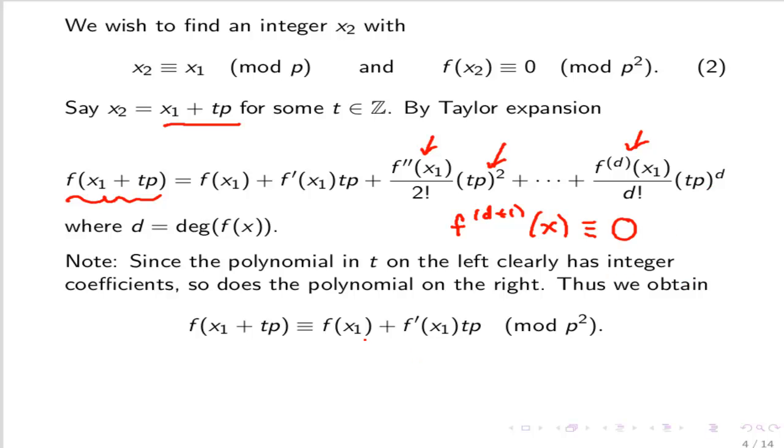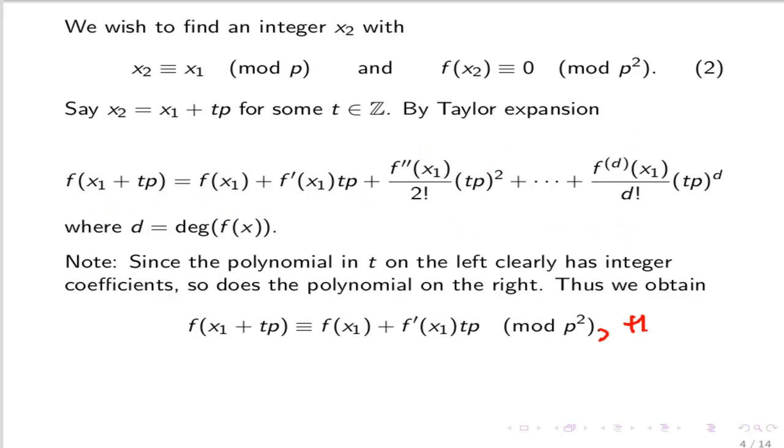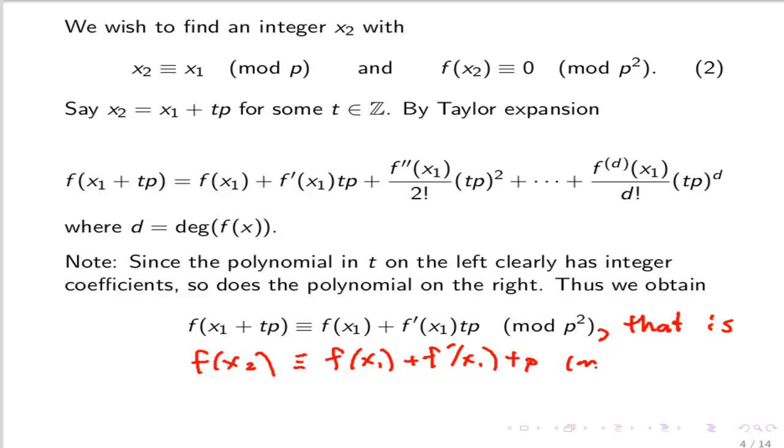And so we're just left with the first two terms of the Taylor expansion when we turn this equation into a congruence mod p squared. That is, f of x2 is congruent to f of x1 plus f prime of x1 tp mod p squared.